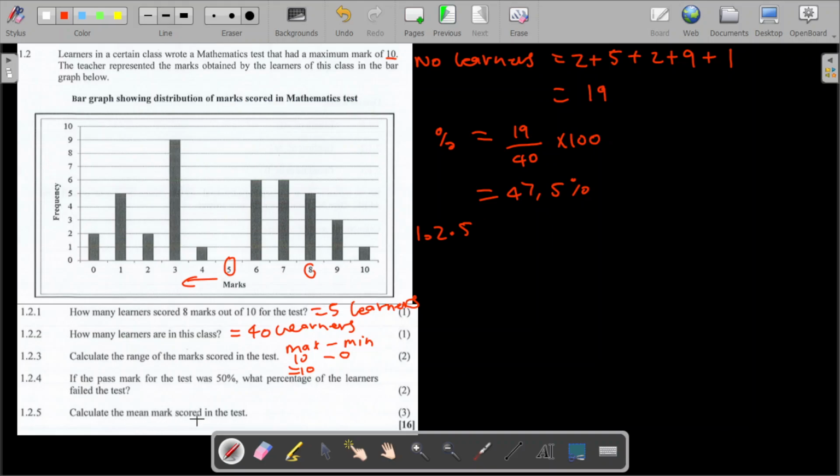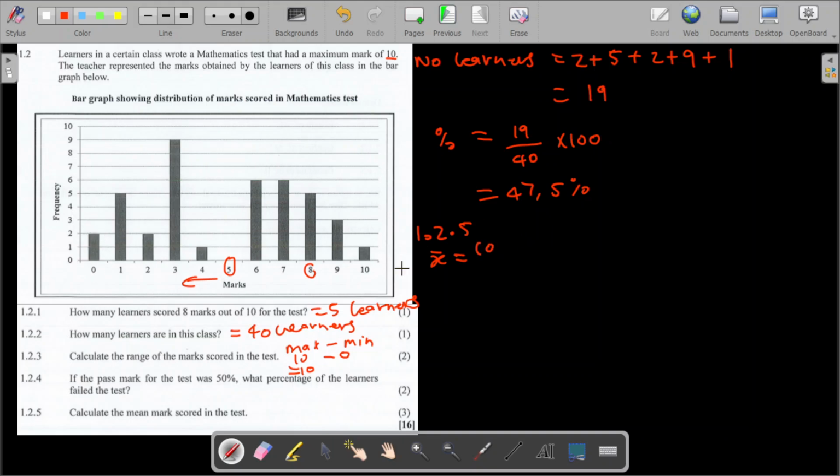So now let's get into the last part of the question, which is to calculate the mean marks scored in this test. So how do we calculate the mean of the marks? Now remember, calculating the mean in a bar graph, we say the mark times the frequency.